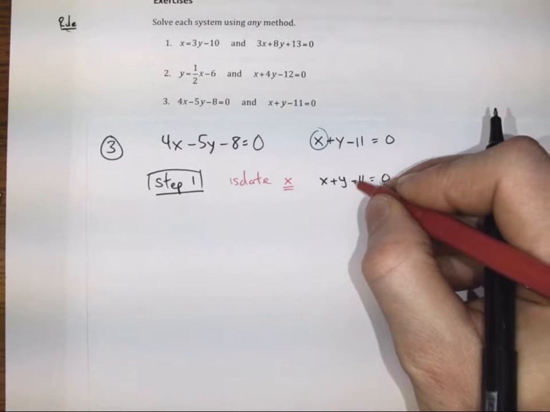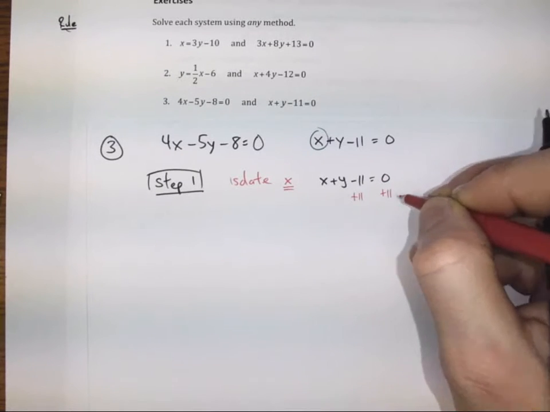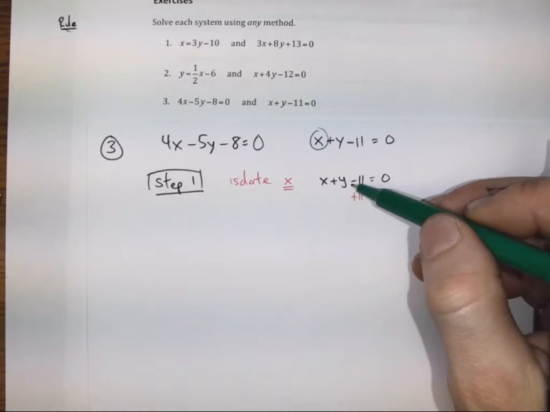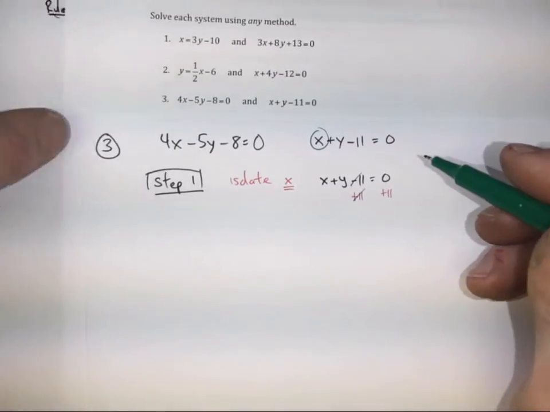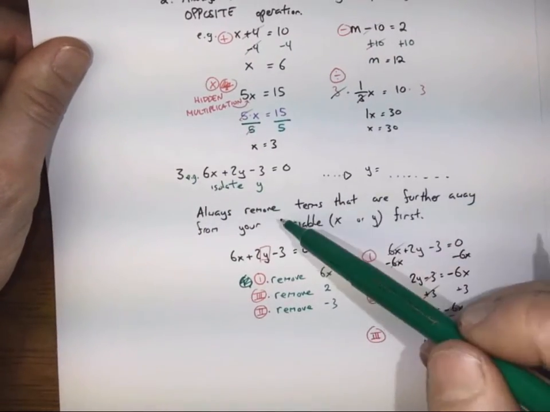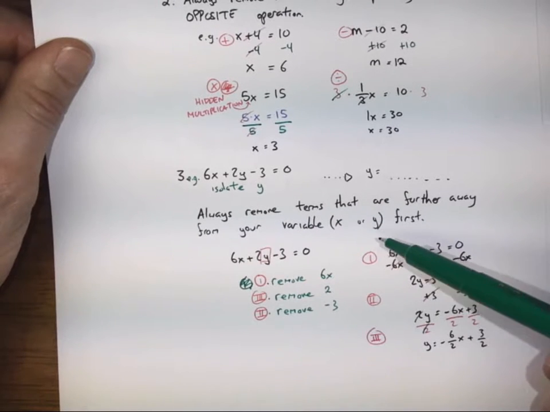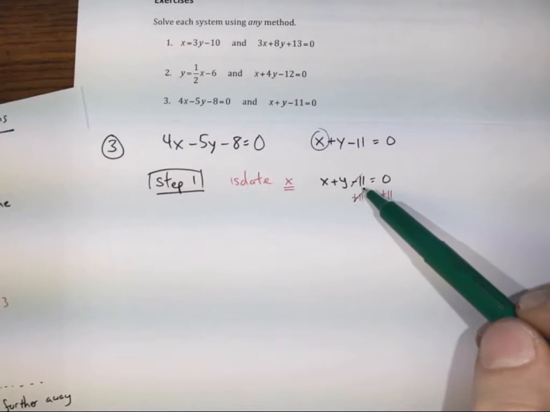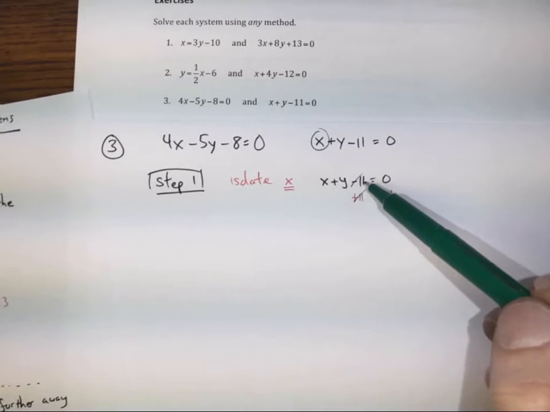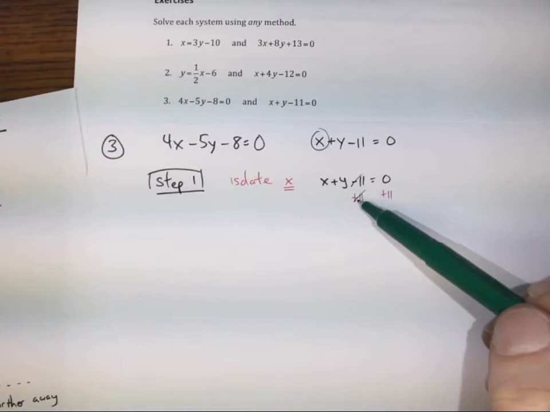We'll do the opposite of taking away 11, so we'll add 11 to both sides. Right now I'm using the rule that I'm going to start by removing terms that are further away from the variable. So the negative 11 was the furthest value away from my variable, so that's the value that I started with.